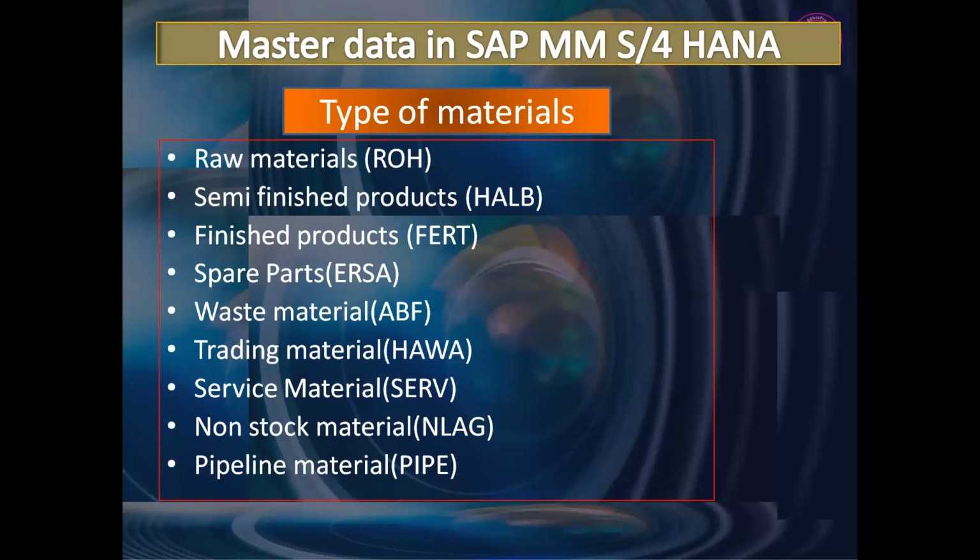They might be buying it from somewhere, and they keep all those products in their store, and from there they are selling it to the customers. So you can say those are your types of trading materials. If that kind of material is being used in your company, then that material is called trading material.